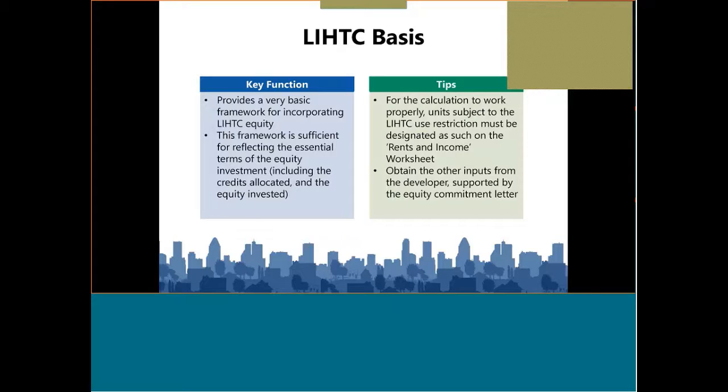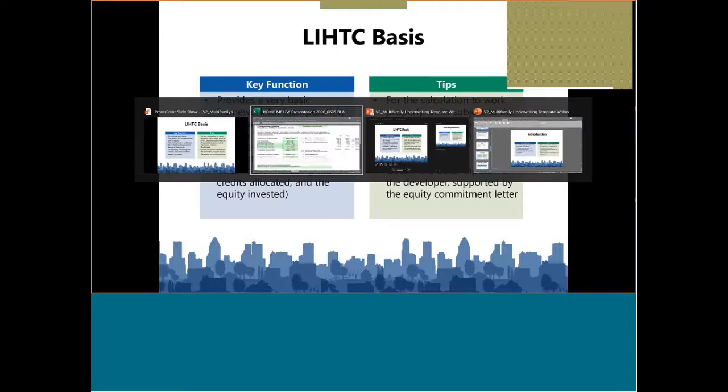This model is in no way a substitute for a robust tax credit underwriting model, but it was developed to be sufficient to allow you to reflect tax credits in the deal that you're underwriting from your chair with respect to the wisdom or lack of wisdom in investing HOME funds. So let's go to that worksheet just to show you.